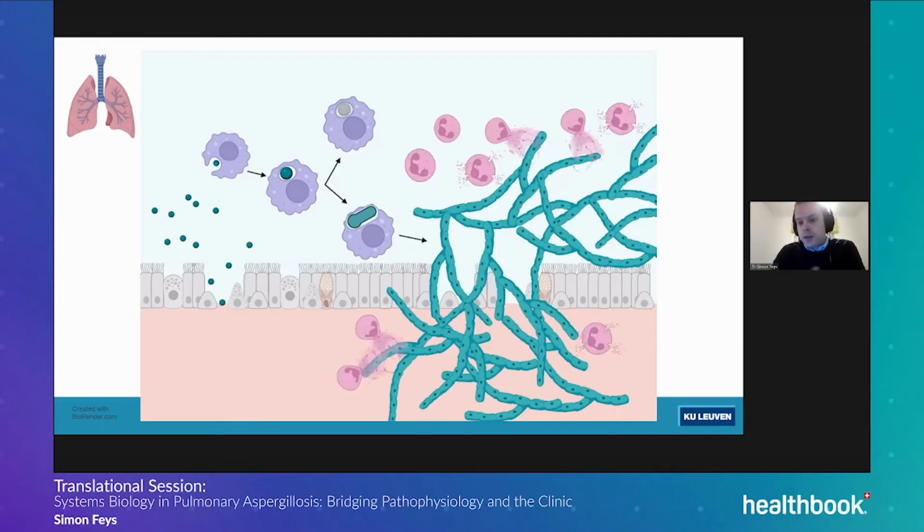And once there are hyphae, the most important cell to battle these is the neutrophil, and the neutrophil has different techniques to tackle these hyphae, namely reactive oxygen production or formation of neutrophil extracellular traps, NETosis, or by degranulating antimicrobial peptides.